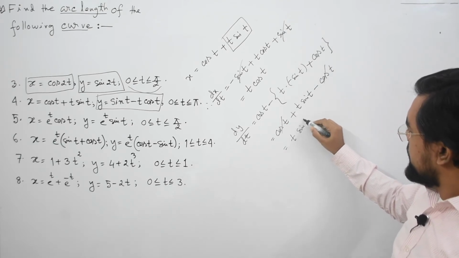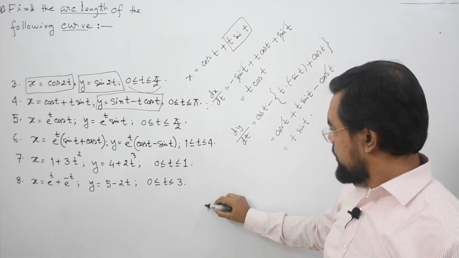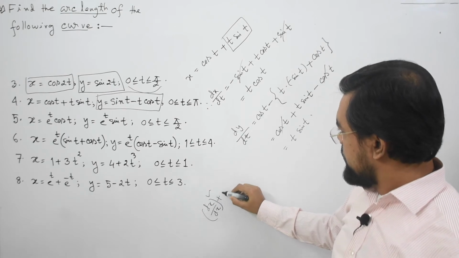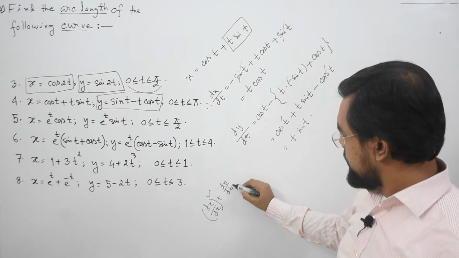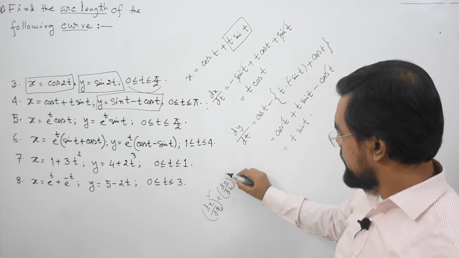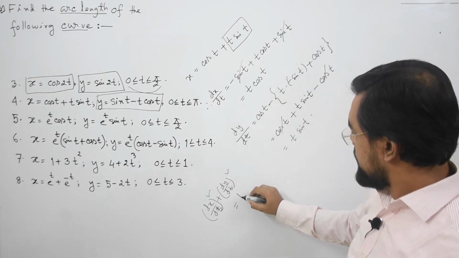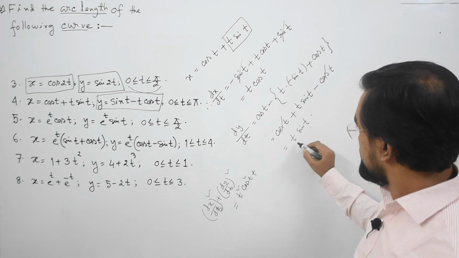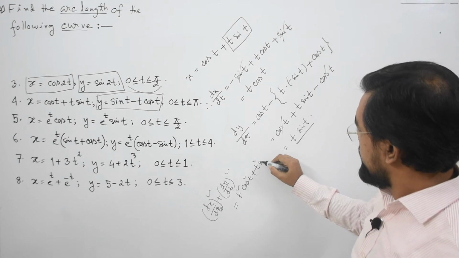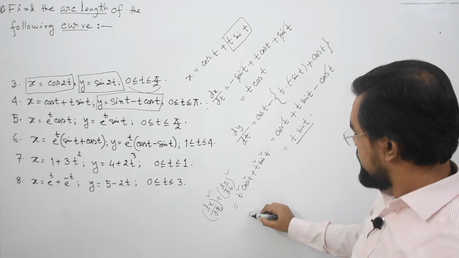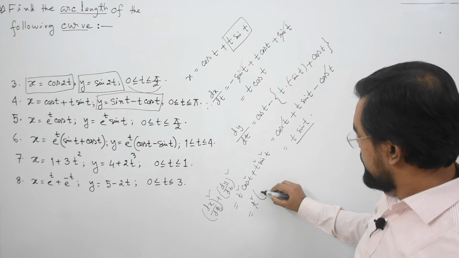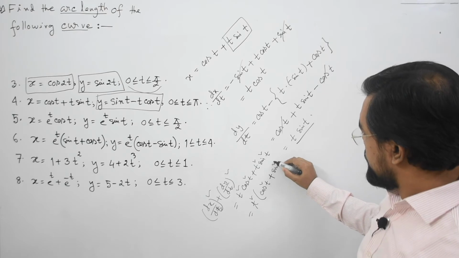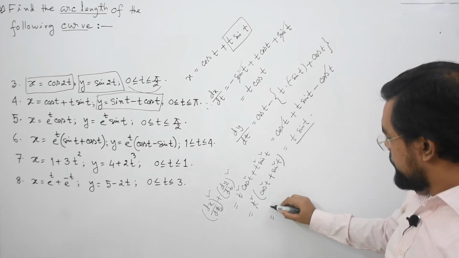So we have t sin t. Now we can calculate the addition of their squares, dx by dt whole square plus dy by dt whole square, which is t square cosine square t plus t square sin square t. So the answer will be t square, because cosine square t and sin square t equal 1.